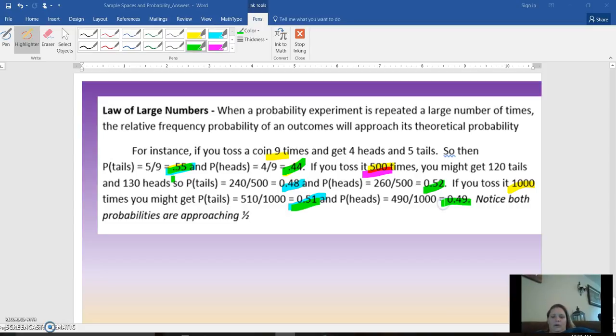And then now we have 0.49. So the point is the larger and the more often that you do your study, your experiment, or your survey, like the more people you ask in a survey, it approaches the number that you're looking for. And so in this case it is approaching 50%, which is 1/2.